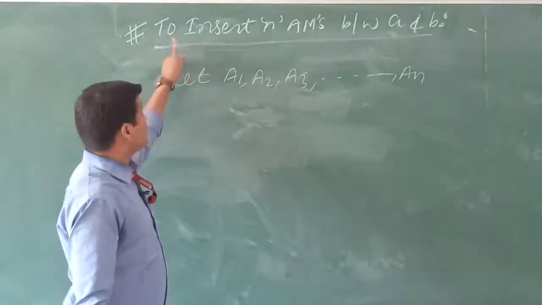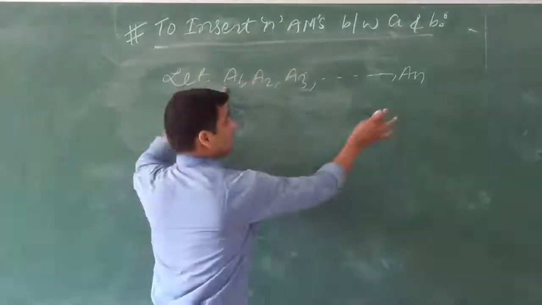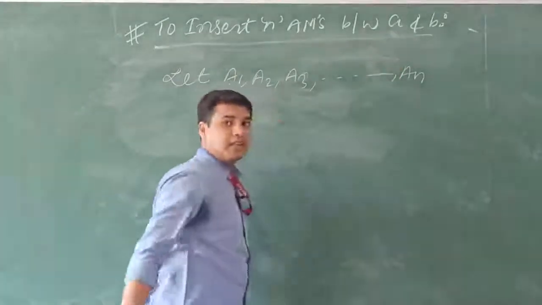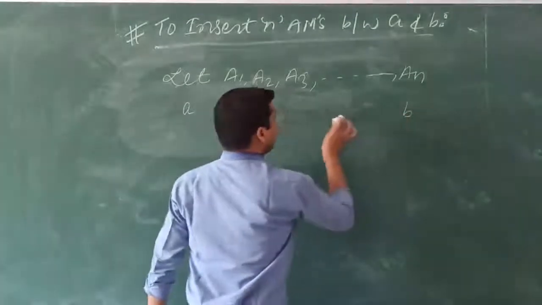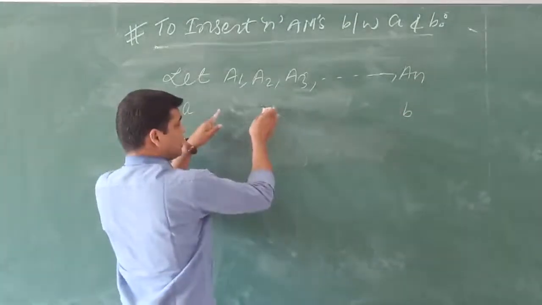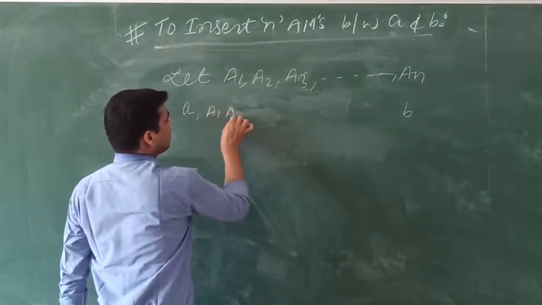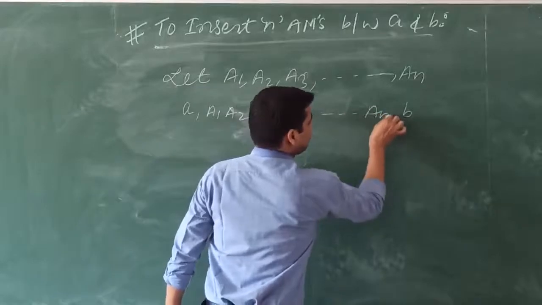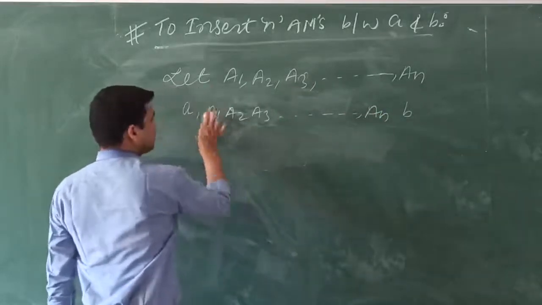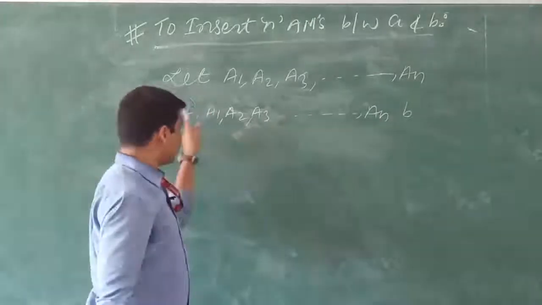Our heading is to insert arithmetic means between A and B. So this is A here, this is B, and I am going to insert A1, A2, A3, in the same way AN between A and B.